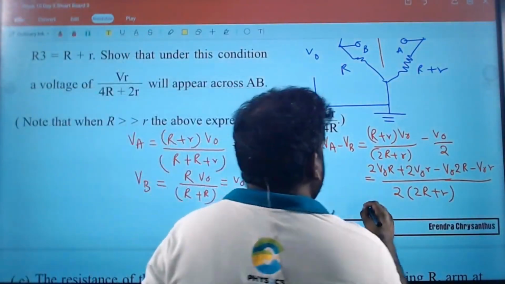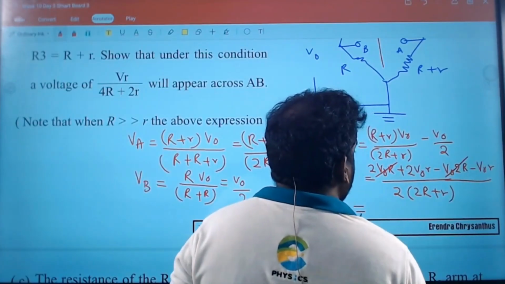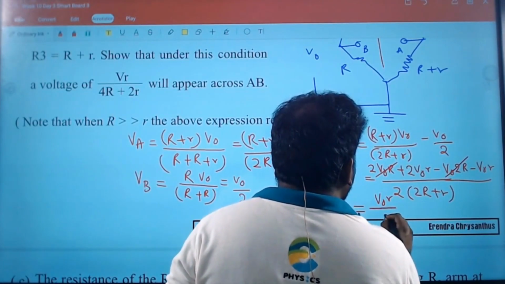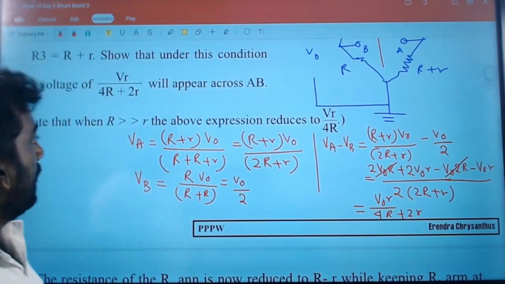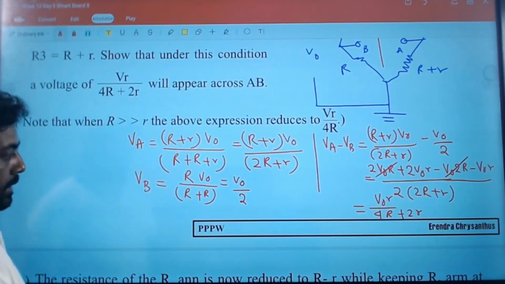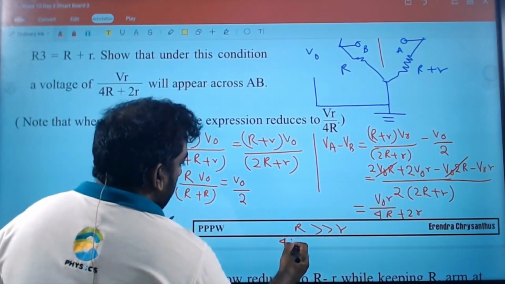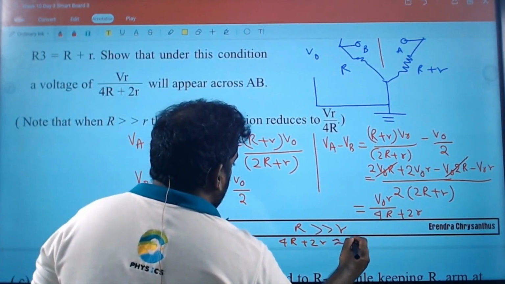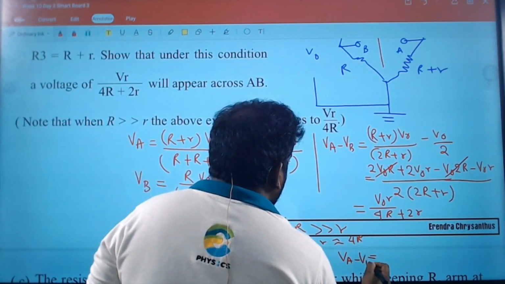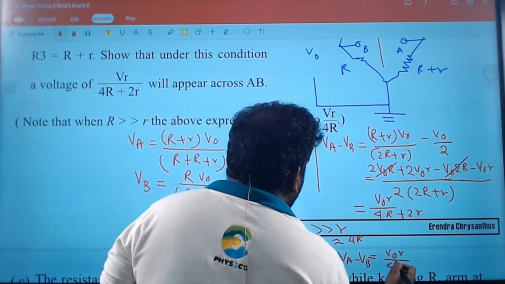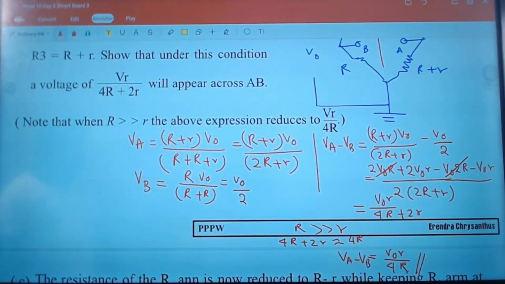Simplify the relationship. 2 V naught R, these two cancel. V naught small r over 4R plus 2 small r. Here they are telling R is greater than small r. So 4R plus 2r is approximately 4R. So the voltage difference between A and B is V naught r over 4 capital R. Found.